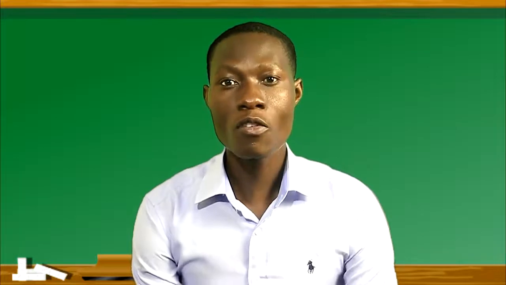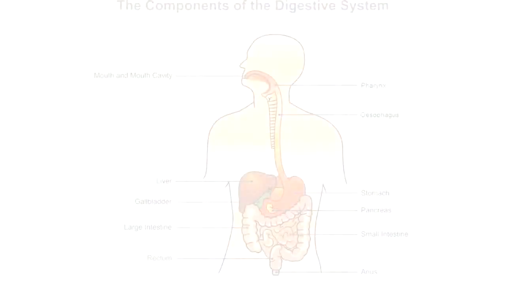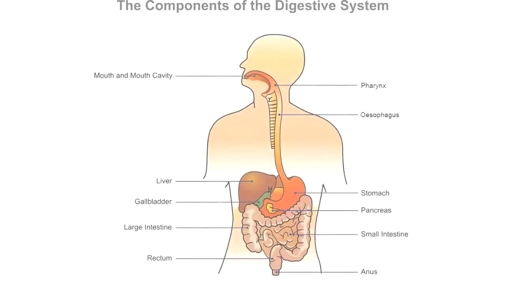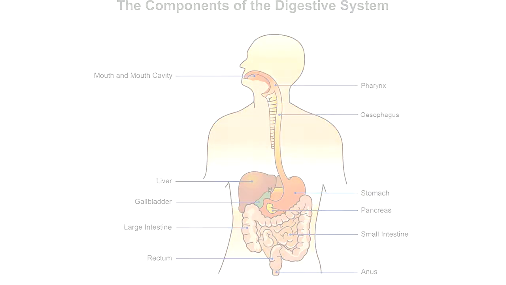In order for you to clearly understand what intestinal obstruction is, it would be important for you to revisit your anatomy and physiology of the digestive system, because intestinal obstruction involves a certain section of the digestive system. In intestinal obstruction, we are looking at a section of the digestive system which we call the intestines.